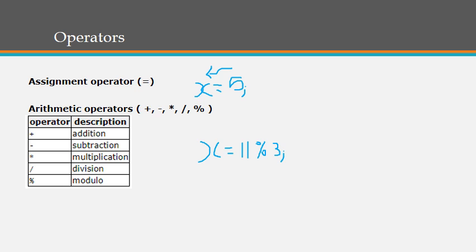And we know 11 divided by 3 is 3, and we have a remainder of 2. So therefore x, after this arithmetic operation completes, would be 2. Okay?